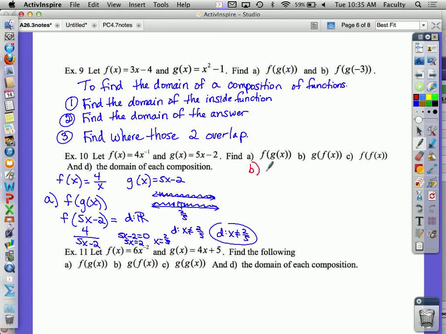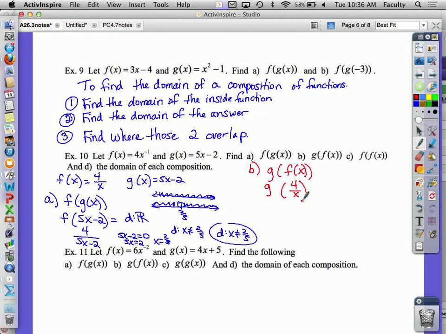All right, letter B. If I want to do g of f of x, now we're going to switch the order, and it might be interesting to try to figure out, does order matter with composition of functions? So I want g of 4 over x. Now g is the outside function, so it depends on what's on the outside.